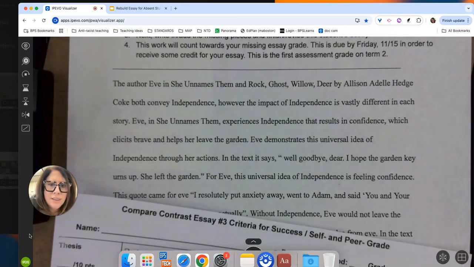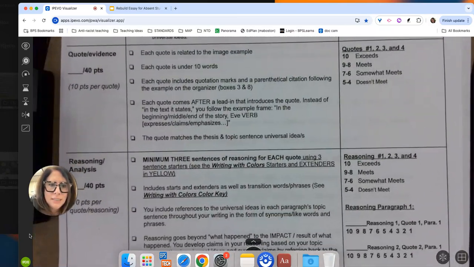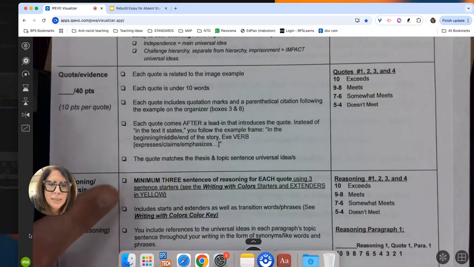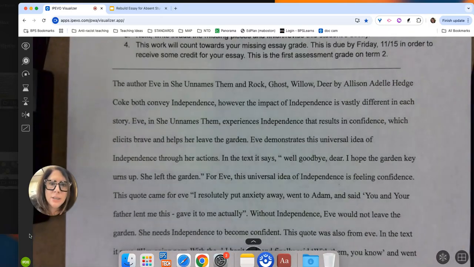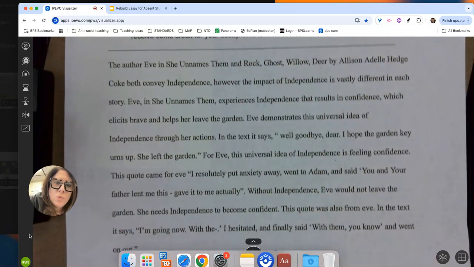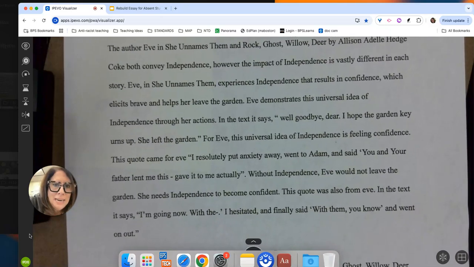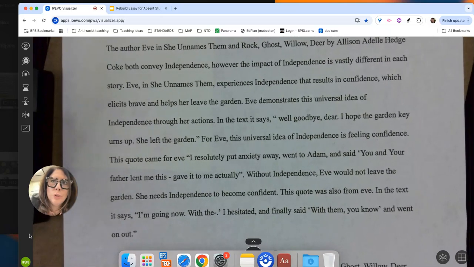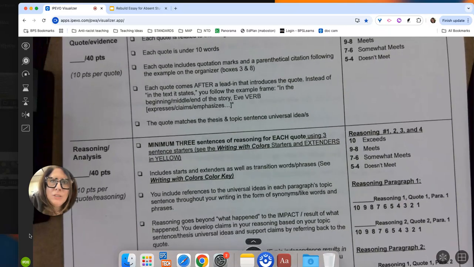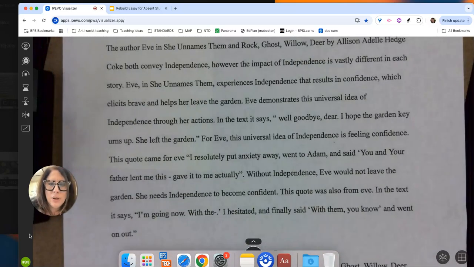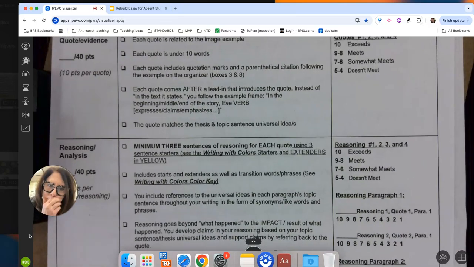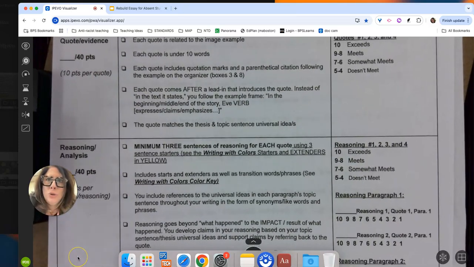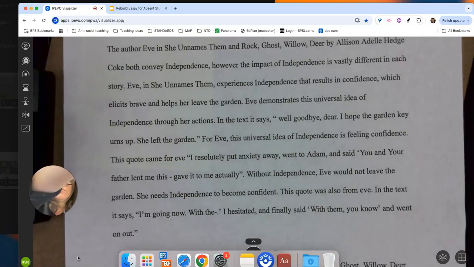Do they have evidence? Okay, does the evidence have a lead-in, right? You're looking at this statement right here. And then you need to figure out what it is missing based on the rubric and based on the writing with colors highlighting that you're going to do. And whatever it's missing, you are going to add in or rewrite.